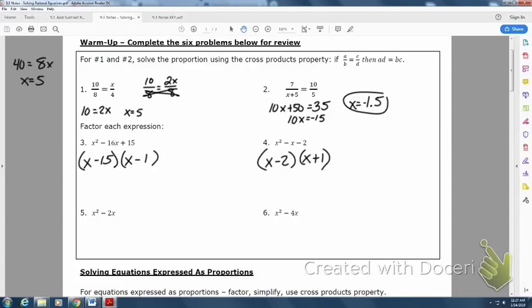Factor out an x. Do not get 6 confused with this. If it was that, I would have x plus 2, x minus 2. There's a big difference between those two answers right there. Okay.